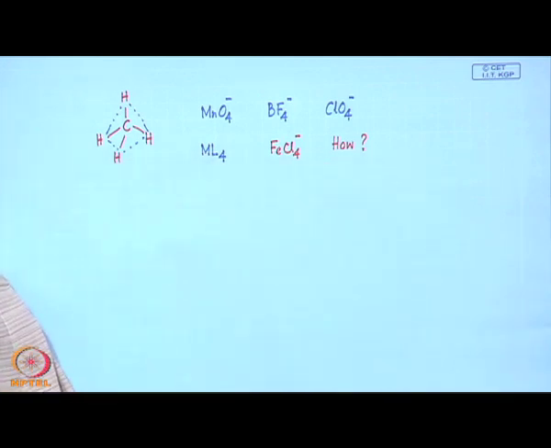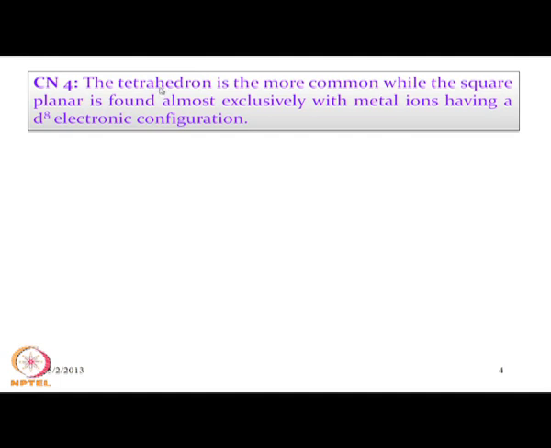This particular geometry, which is tetrahedral in nature, is the most common one, but the other variety we can encounter is the corresponding square planar geometry, and they are found almost exclusively with metal ions having d8 electronic configurations.